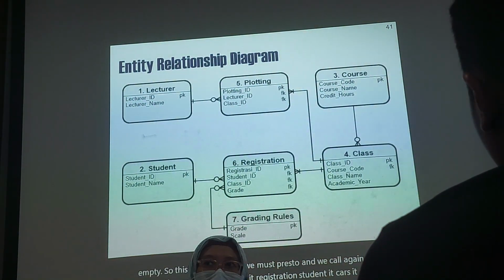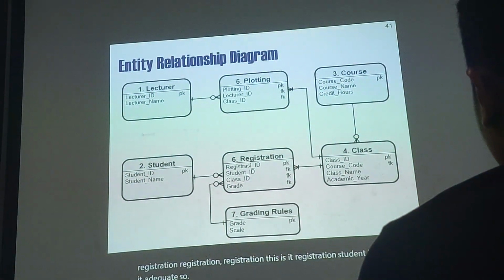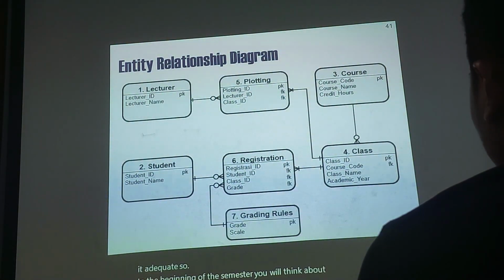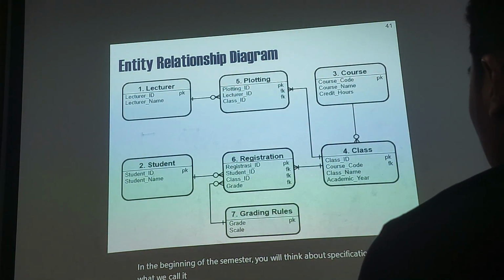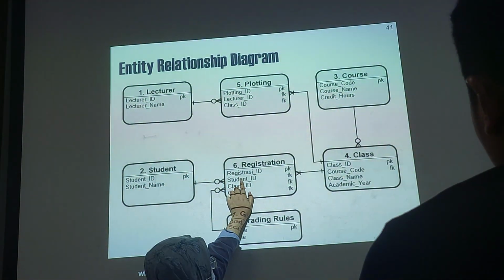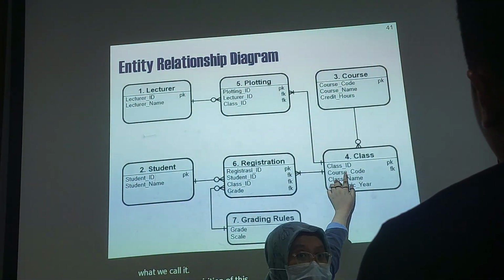So at the beginning of the semester, you will do registration. We call it KRS. So this is the registration for this semester. You choose the class.